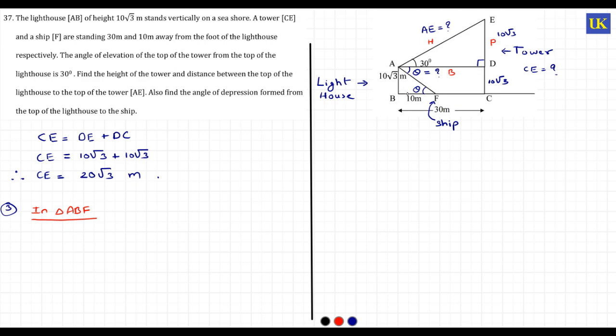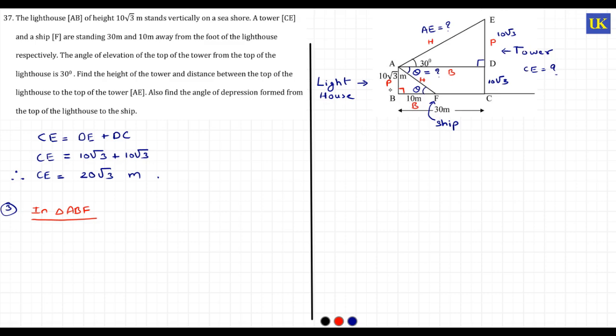If this is theta, then the side adjacent to theta will be the base, the side opposite to theta is called the perpendicular, and this will be 90 degrees, and the side opposite to 90 degrees will be the hypotenuse. Now we have to find out the angle here.